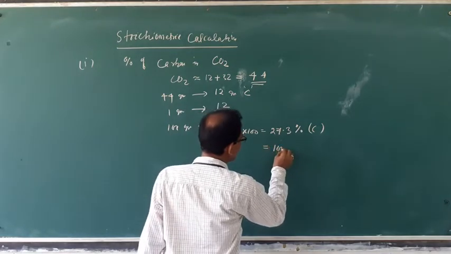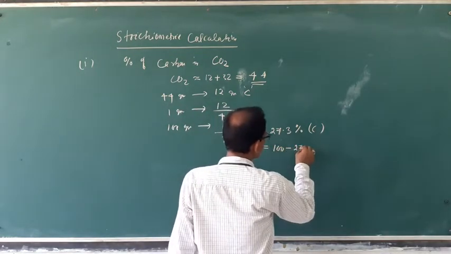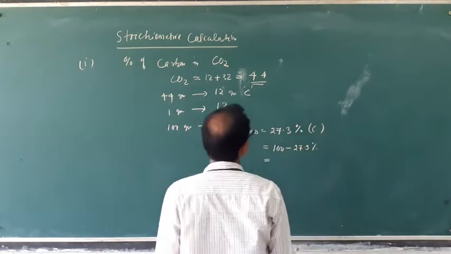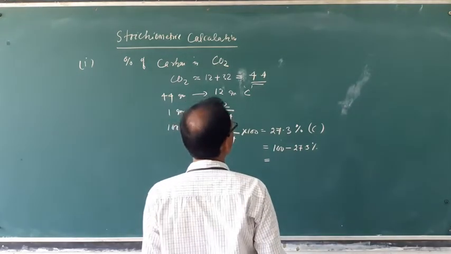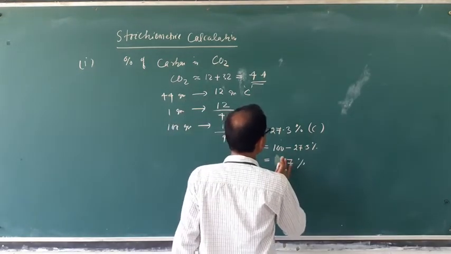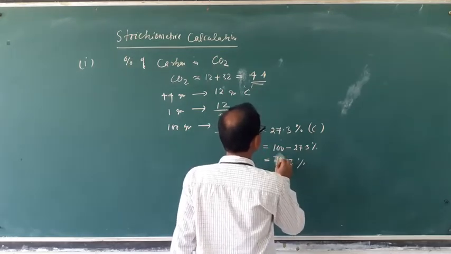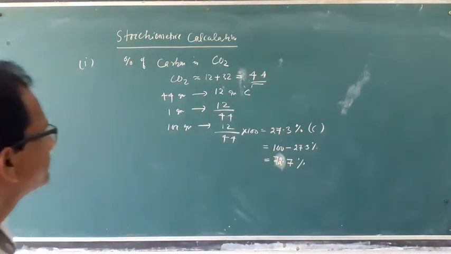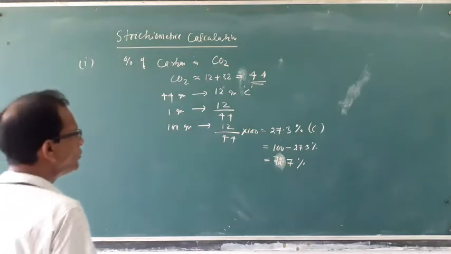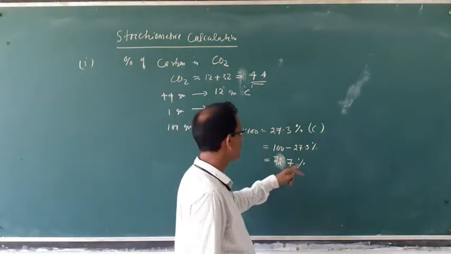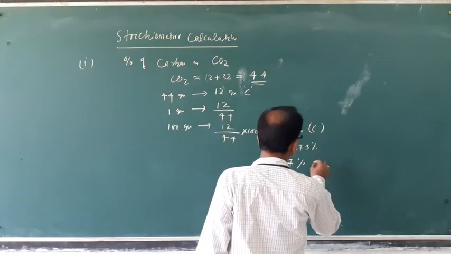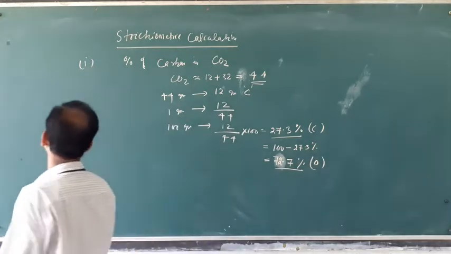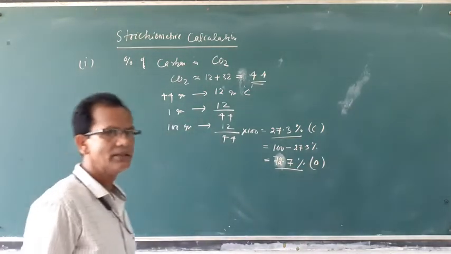Oxygen will be 100 minus 27.3%, that is 72.7%. This is the percentage of oxygen and this is the percentage of carbon. So like this we can calculate the percentage of elements in a compound.